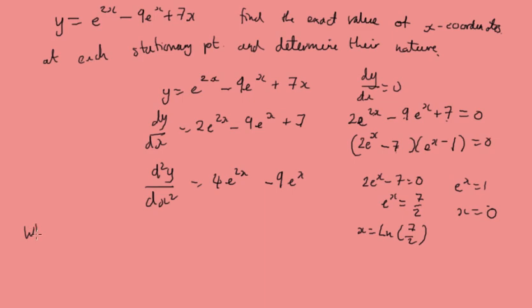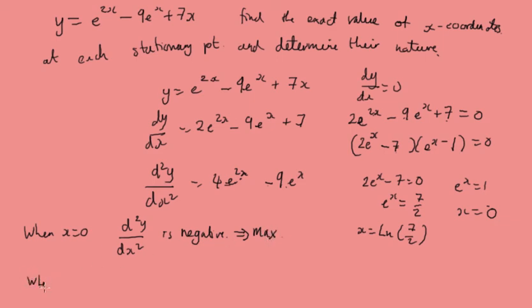So when x equals 0, the value of the second derivative is negative, because e to the 0 is 1, so that's going to be 4 minus 9, and that's a negative number. Therefore that's going to be a maximum.